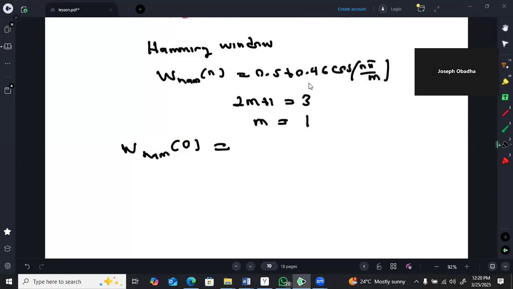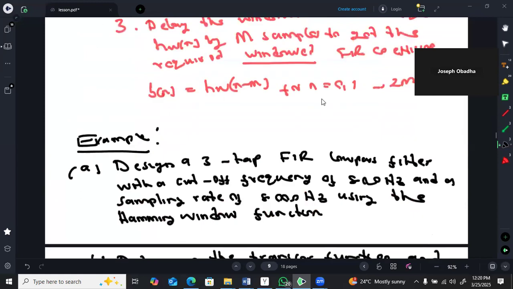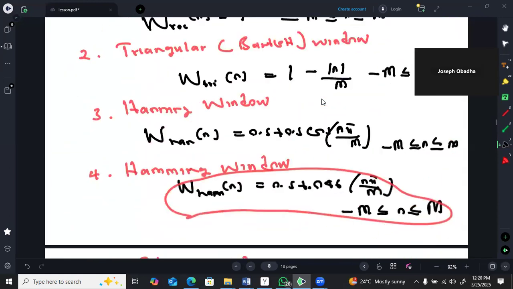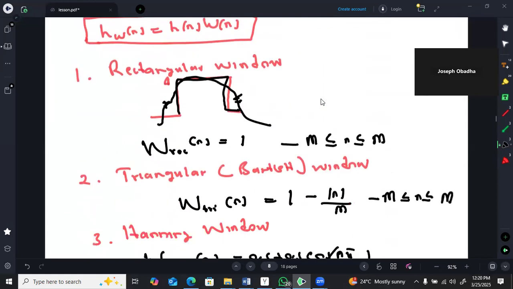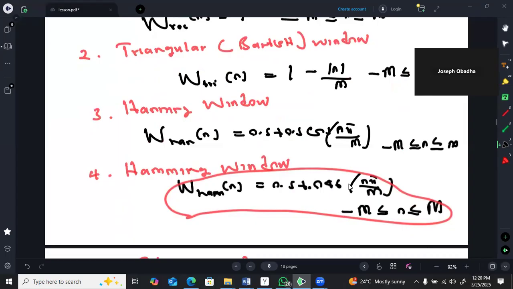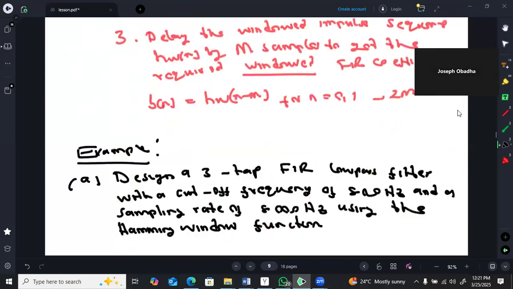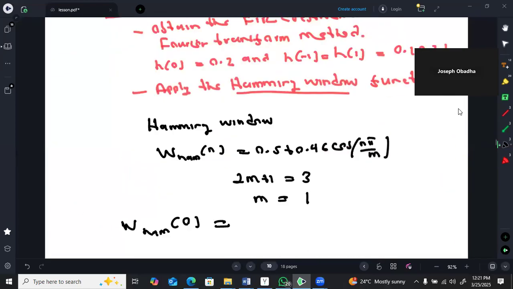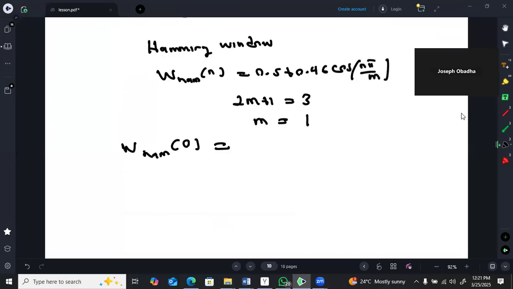I can go up and do the change. The others are okay. We left the cos here, so we can use it down here. So we have 0.5 plus 0.46.